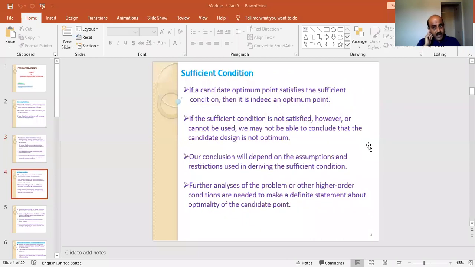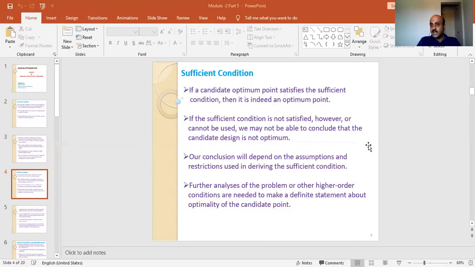Next comes the second optimality condition, the sufficient condition. If a candidate optimum point satisfies the sufficient condition, then it is indeed an optimum. In the sense, if a point satisfies the necessary condition, it is said to be a candidate optimum point. If that candidate optimum point satisfies the sufficient condition, then it is said to be an optimum point.